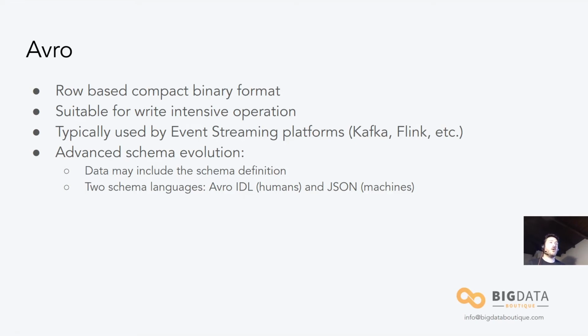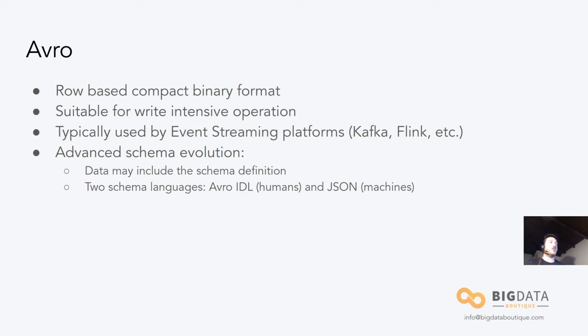There are several ways to define those schemas. The most popular by far is JSON. It's oriented to machines, but it's also quite used by humans. The other one is Avro IDL, more oriented to humans, but not so used yet. Maybe in the future, but not yet.